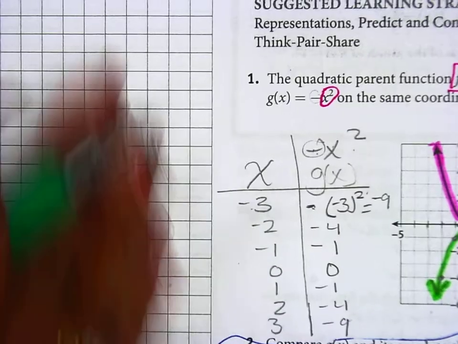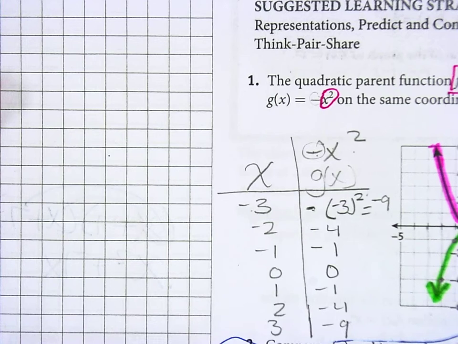Oh, that's getting a little sloppy, so let me write over here. This will be a good idea for you to write this information and color code it.